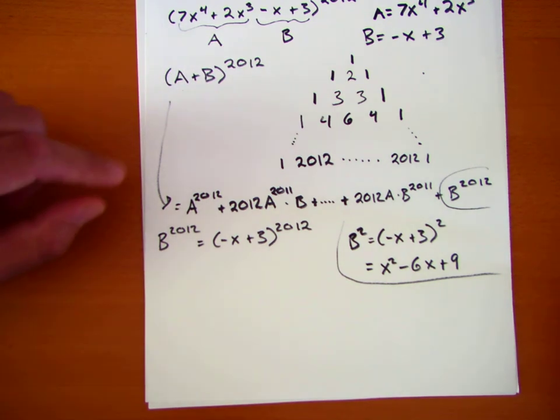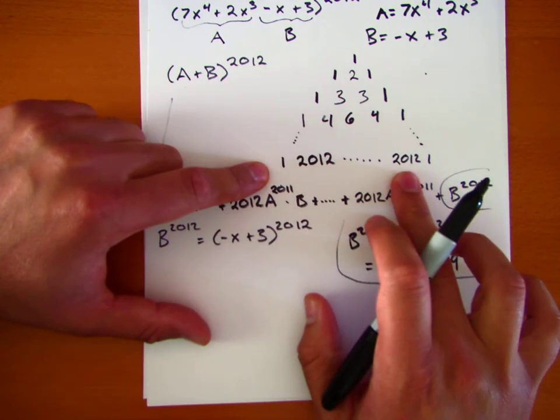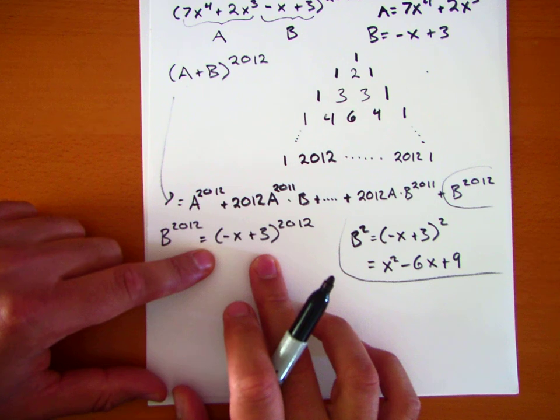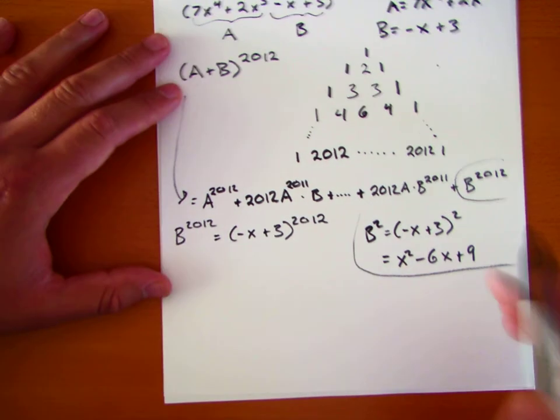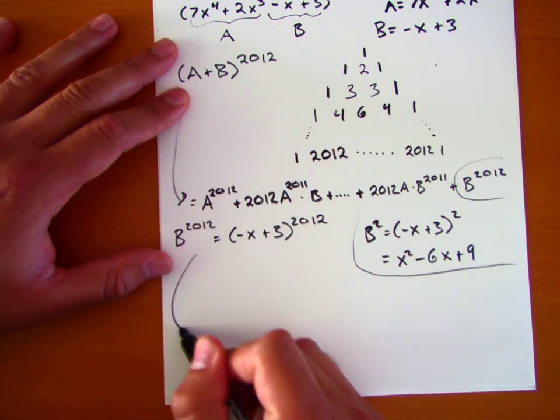But what we can do is apply Pascal's triangle right here to the polynomial that we have now and see what happens.